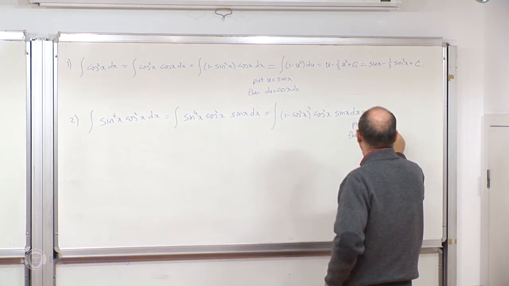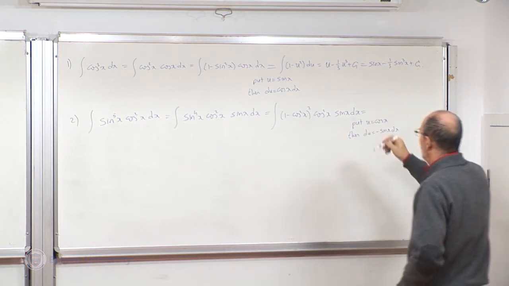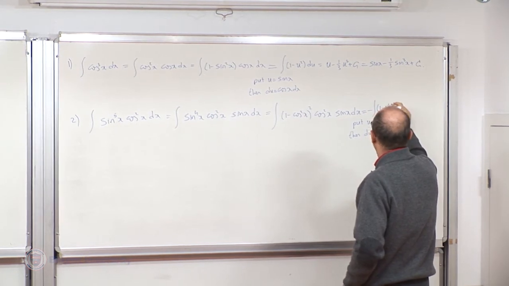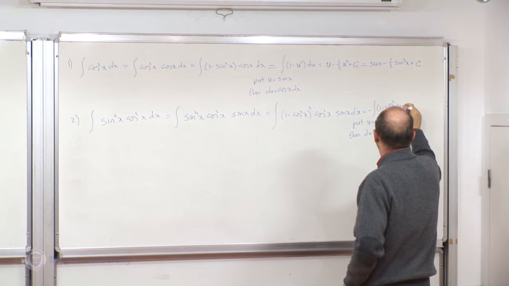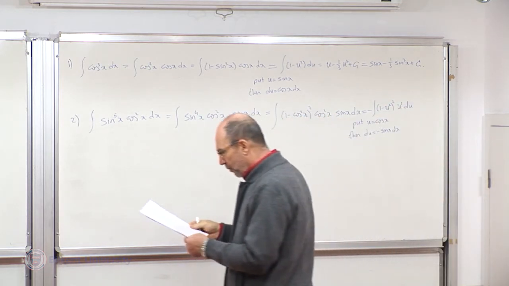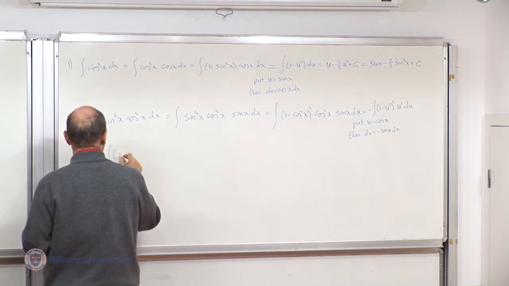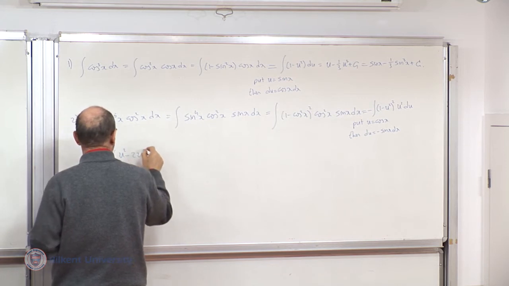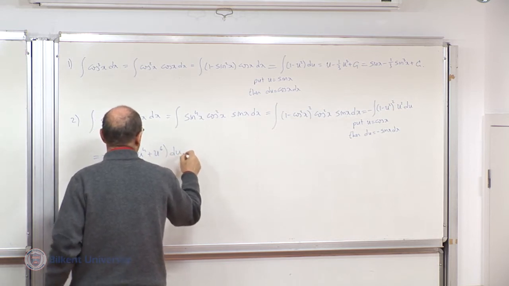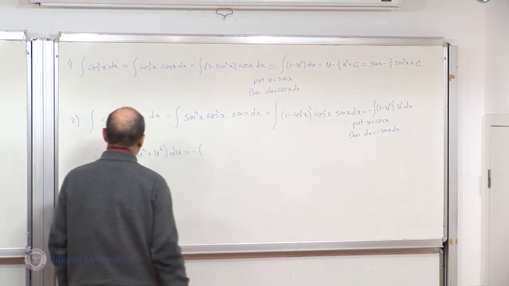Okay, so again, put u equals cosine x, then du equals minus sine x dx. So this thing becomes minus the integral of (1 minus u square) square times u square du. So this becomes minus the integral of u squared minus 2u^4 plus u^6 du. I continue to carry this minus here.